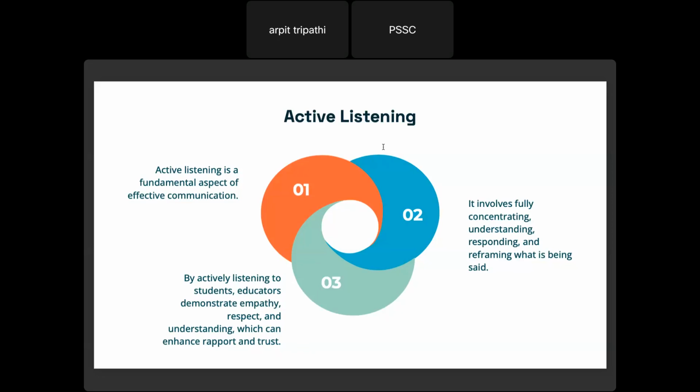So this is the third thing, support and encouragement. Next, I believe, is problem solving and conflict resolution. Active listening enables teachers to identify and address potential issues or conflicts early on, before they escalate.